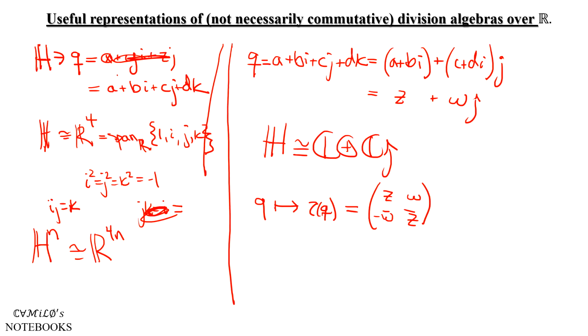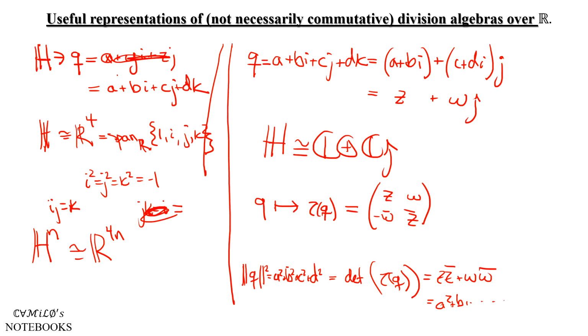If you recall, the norm squared of q is exactly a squared plus b squared plus c squared plus d squared, which is exactly going to be the determinant of tau of q, which is a 2 by 2 matrix, z, negative w bar, w, z bar. So of course this is a squared plus b squared all the way to d squared.